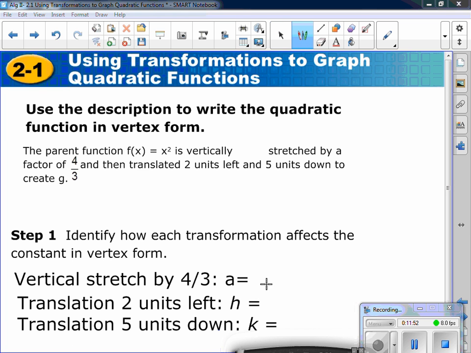What is your a value? 4/3. How would you write h? What's to the left 2? -2. 5 units down would be -5.